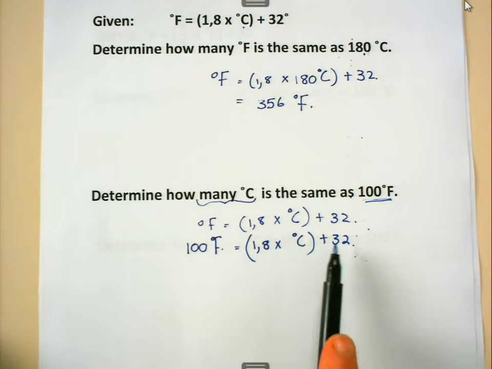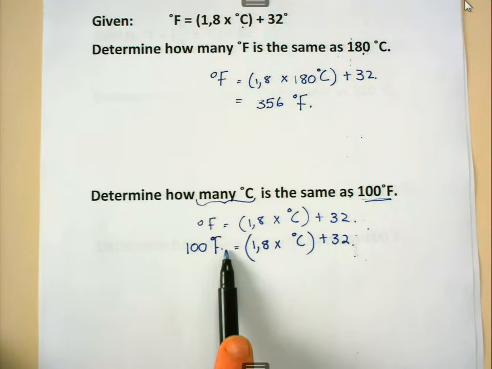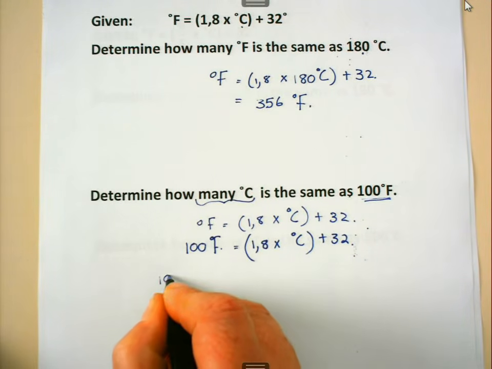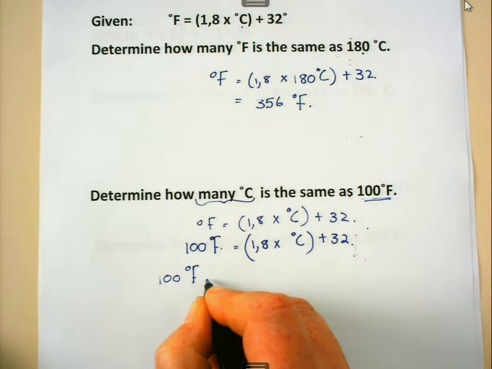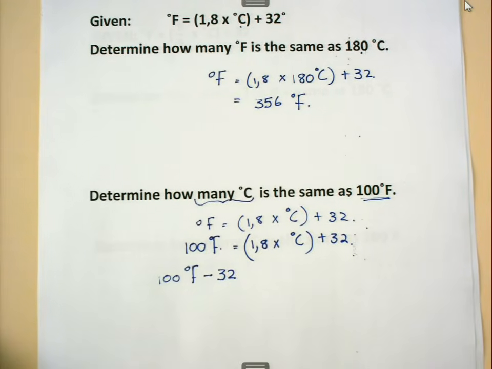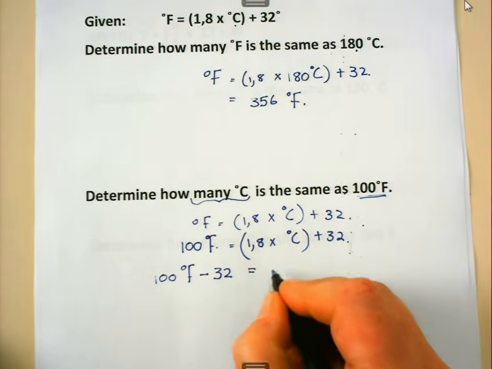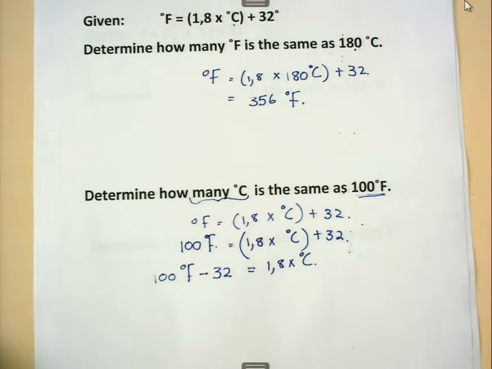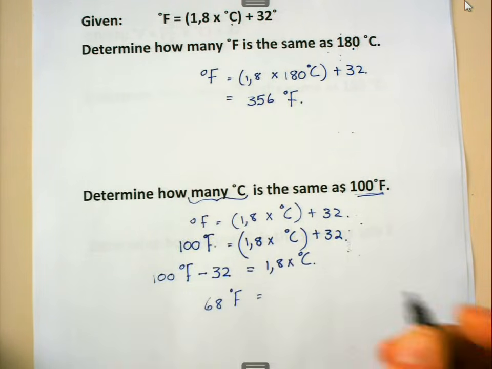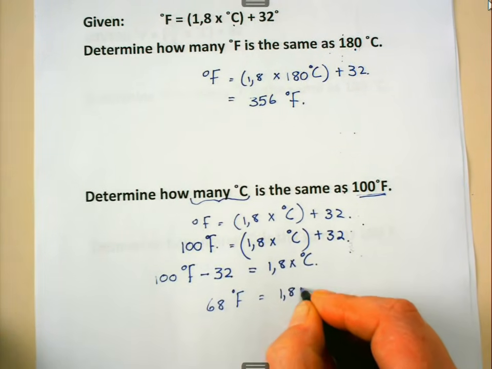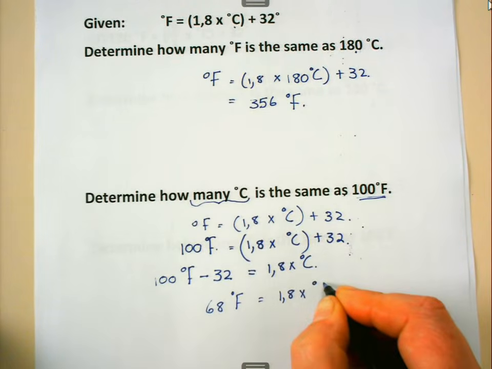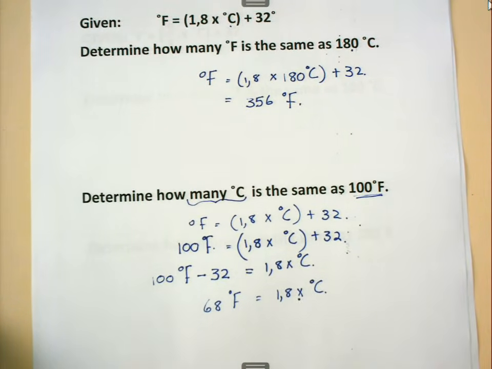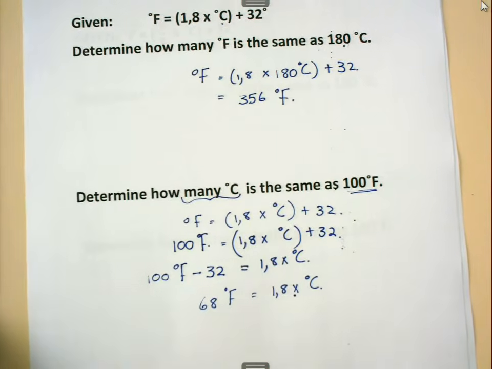First of all, I'm going to take my 32 to this side. Now remember, if I take my 32 to this side, I subtract the 32. Then on this side, I will be left with 1,8 times degrees Celsius as it is there. Now 100 minus 32 is 68. Now if I'm going to get my degrees Celsius, I must still get rid of this 1,8 here. And if I multiply, what is it that I do on this side? I divide.